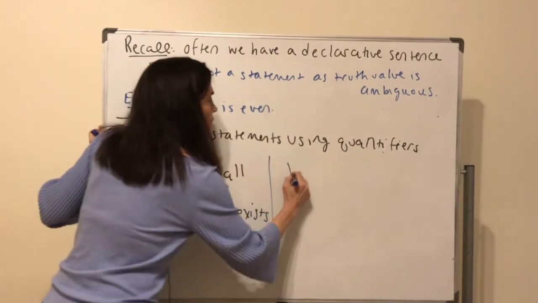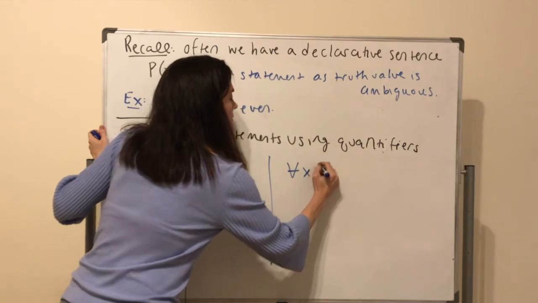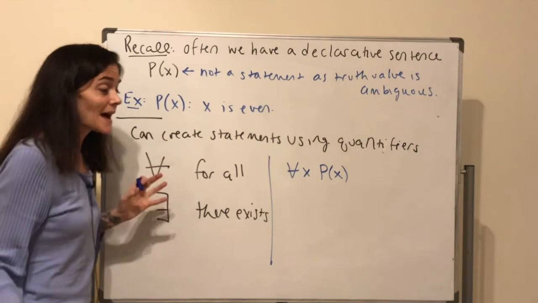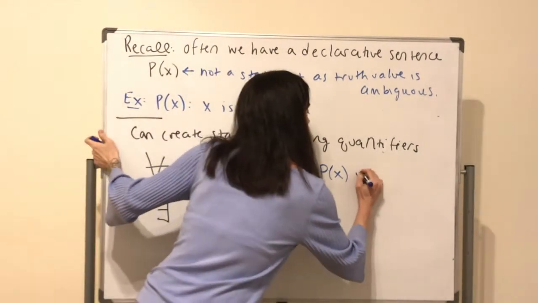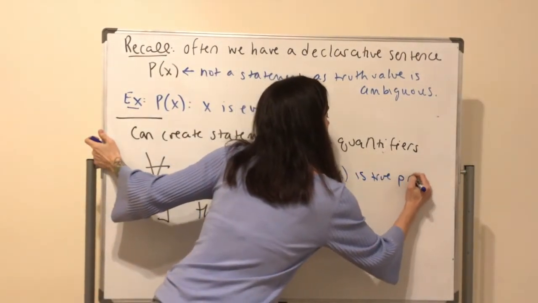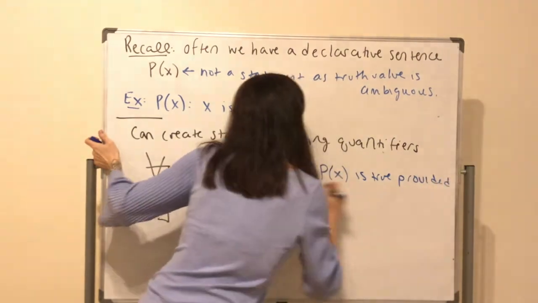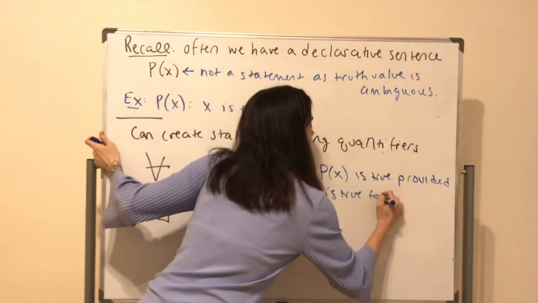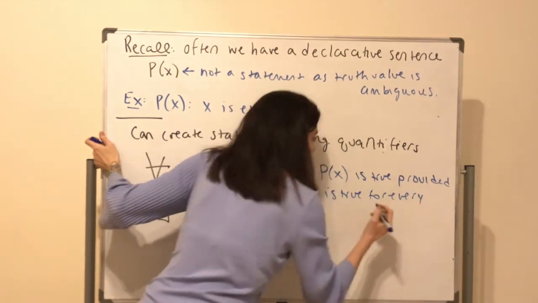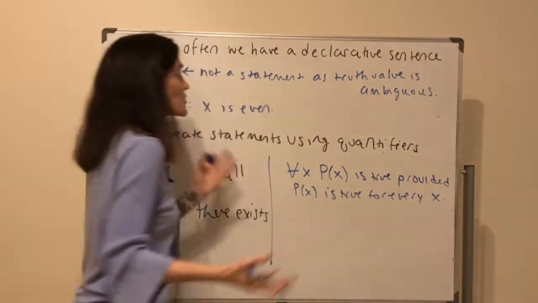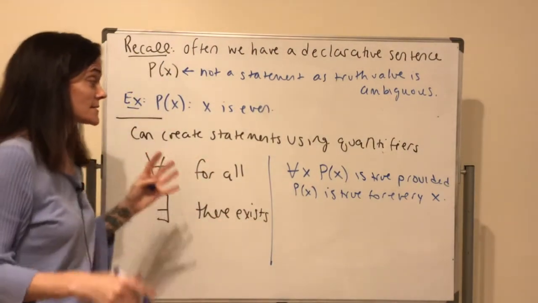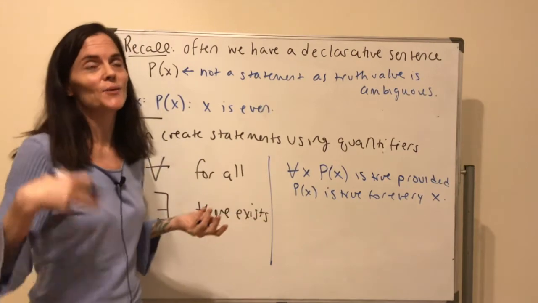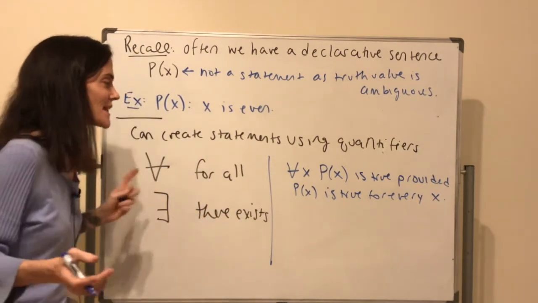Now, for all X, P of X. This is true provided P of X is true for every single possible X in whatever set you're working with. So you could say for all X in Z, P of X, or maybe it's understood you're working with real numbers, something like this.